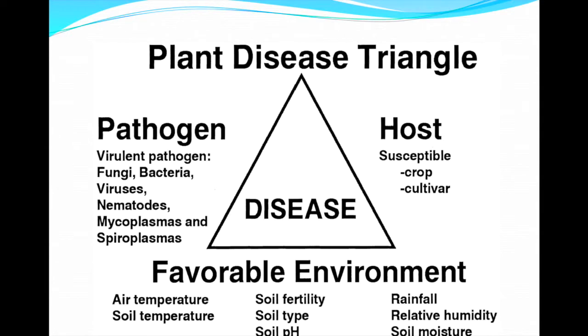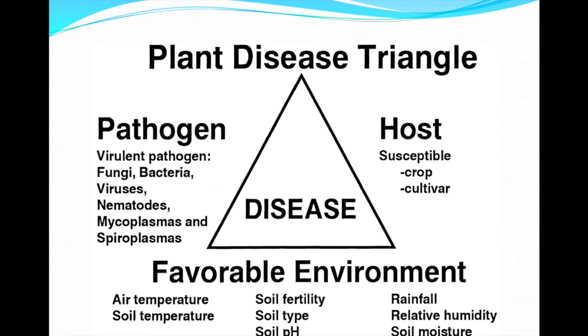The good thing here is that disease is not the norm. And that is a really good thing. If it were the norm, we probably would not exist at this point in time. There wouldn't hardly be any living thing existing if disease was the norm. It's the exception because you have these three factors that must come into play all at the same time. It's kind of like the perfect storm.